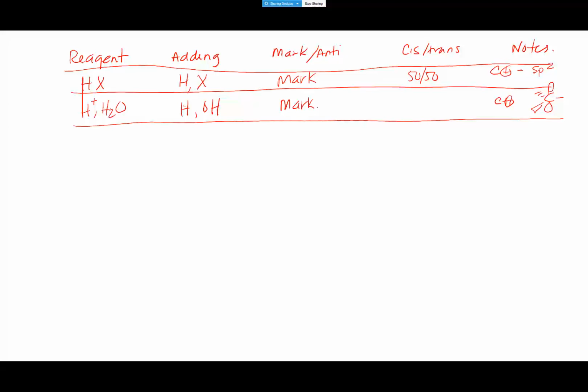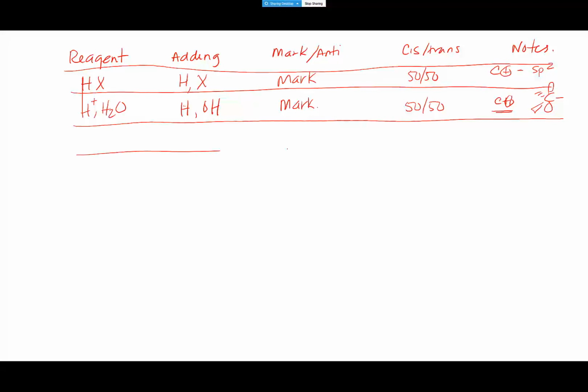And then cis trans. 50-50. Why? Because it goes through a carbocation intermediate.